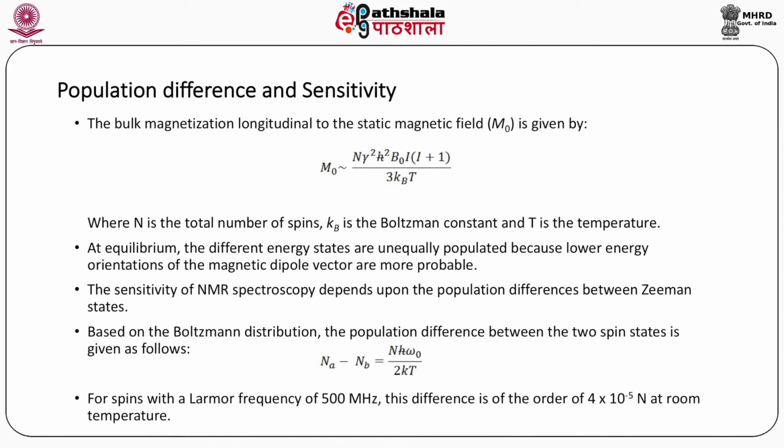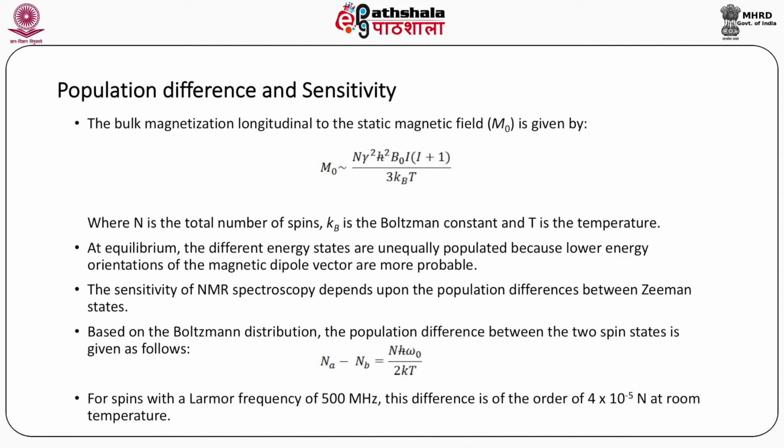At equilibrium, the different energy states are unequally populated because lower energy orientations of the magnetic dipole vector are more probable. The sensitivity of NMR spectroscopy depends upon the population differences between Zeeman states.